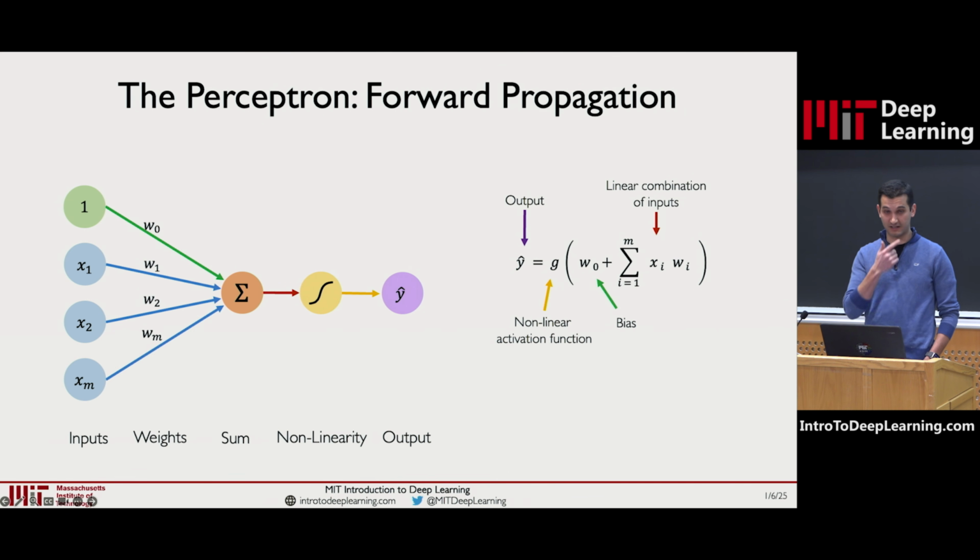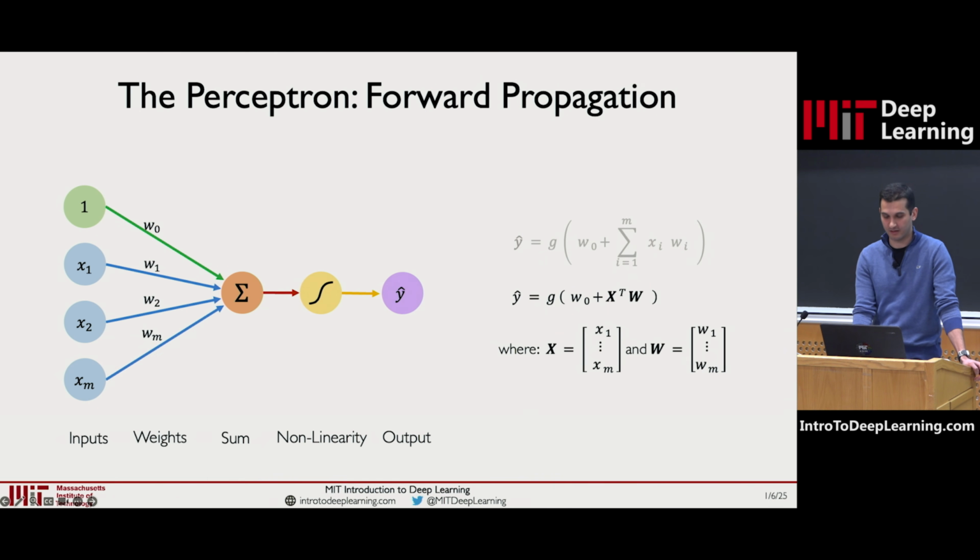Now, on the right-hand side of this slide, you can see the diagram on the left mathematically written as a single equation. Now I'm going to rewrite this for the sake of cleanliness using linear algebra in terms of vectors and dot products. So let's do that now.